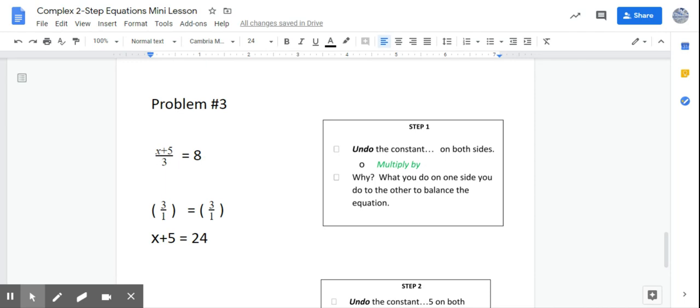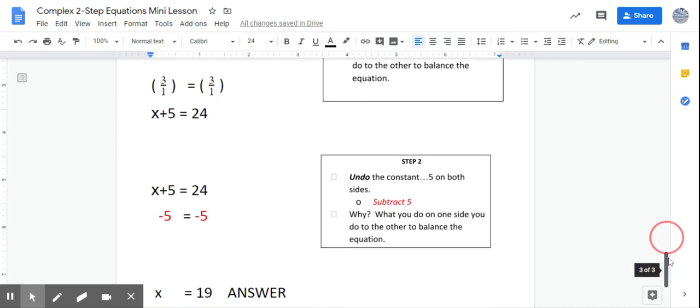So we're going to multiply both sides by 3, right? Multiplying by 3 cancels out the 3 under the expression. We're left with x plus 5 equals 24 because we know 8 times 3 is the same as saying 8/1 times 3/1, which equals 24.